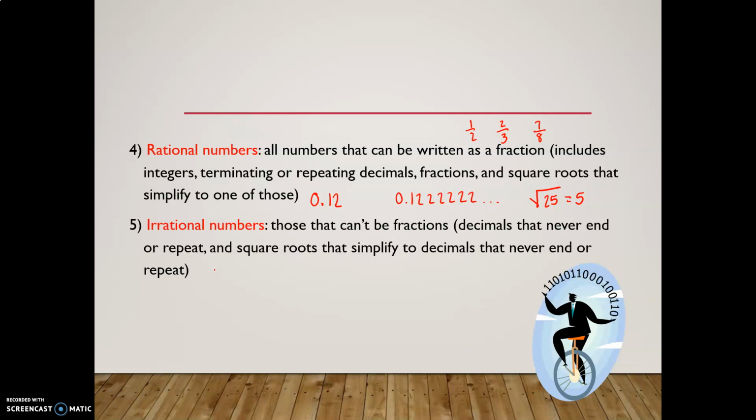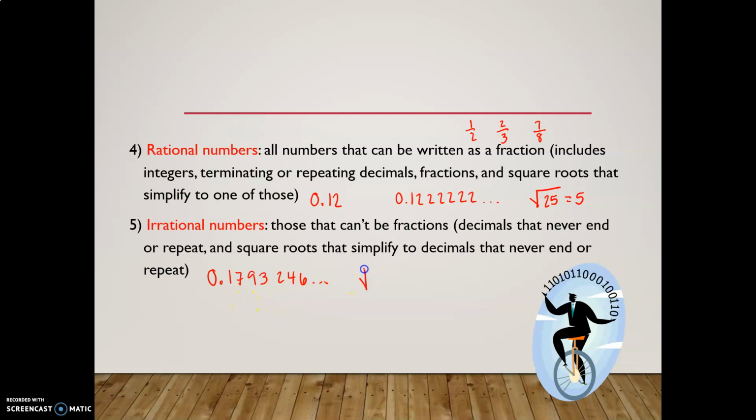So let's see. If I have 0.1793246, I'm just making this up off the top of my head, so I'm not repeating anything. If I were to say that kept going on and on, then no pattern is seen there. I don't see any repeating numbers, and it doesn't end, so that would be irrational.